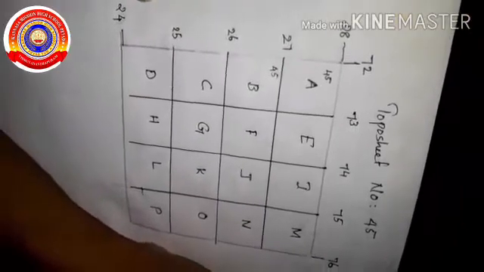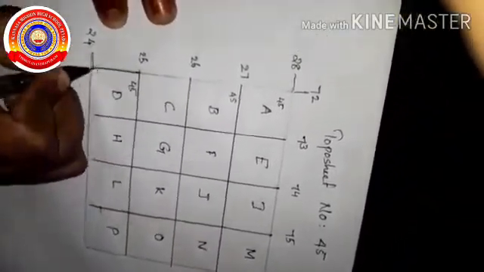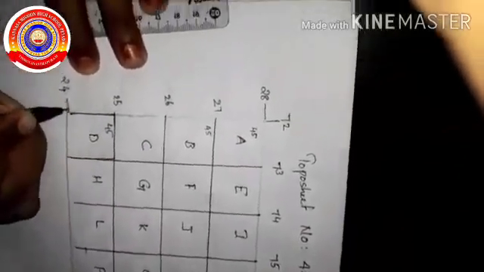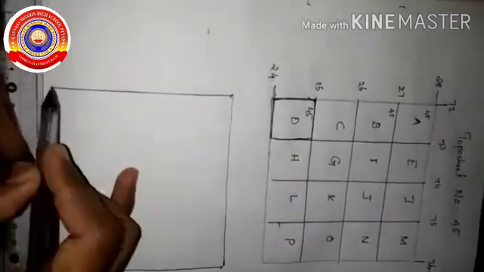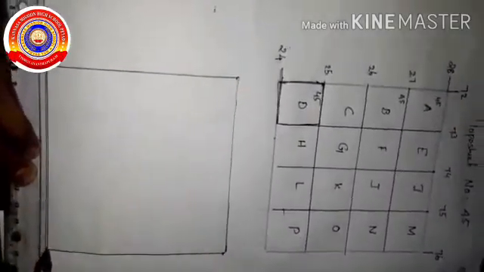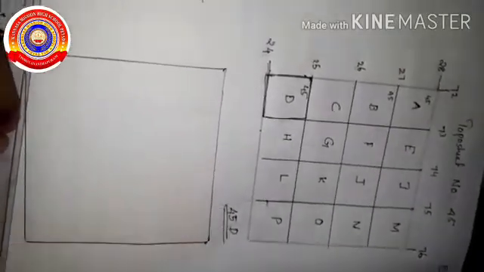Our question is 45D by 10. Where is 45D? Yes, this is 45D. Then 45D is separated from the degree sheet. This is topo sheet number 45D.